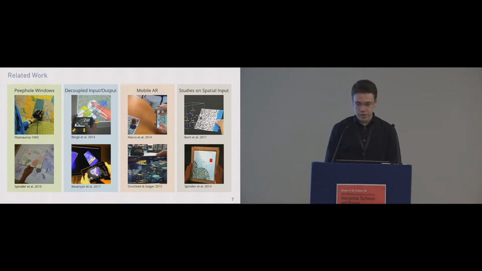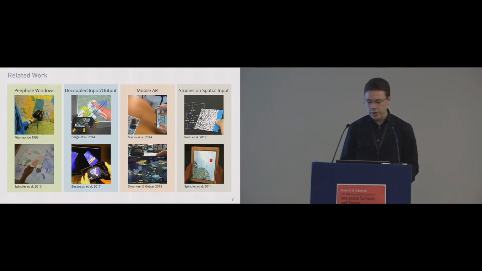Presented that some weeks ago at IEEE Viz. Also, Martin Spindler's work on pinch drag flick, where he studied spatial interaction for navigation in 2D datasets compared to touch, and found that this can actually outperform touch. So how does this work for 3D?